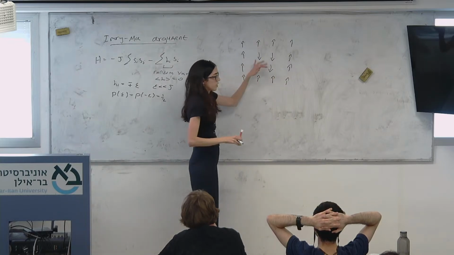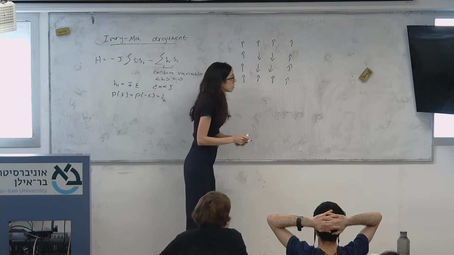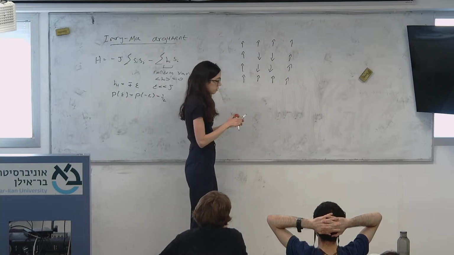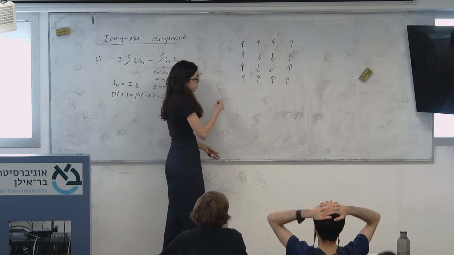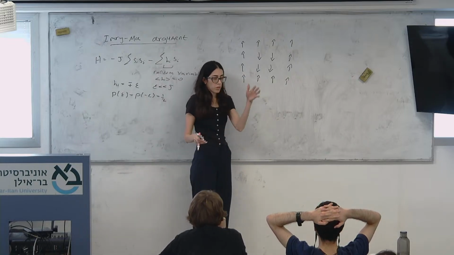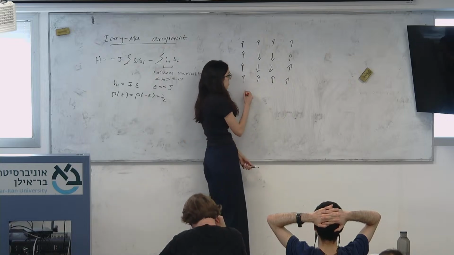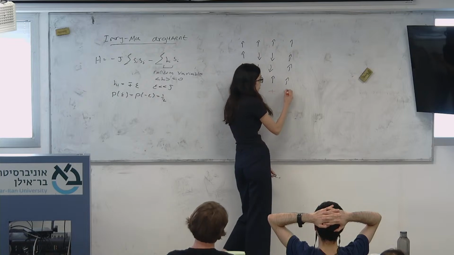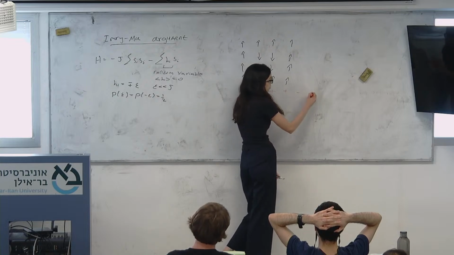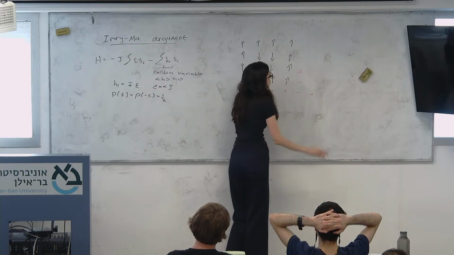So we have this domain with spin down in the middle, and in general, if we look at the distribution of the magnetic field in the system, some are going to have minus, some are going to have plus, randomly plus plus minus plus minus plus.